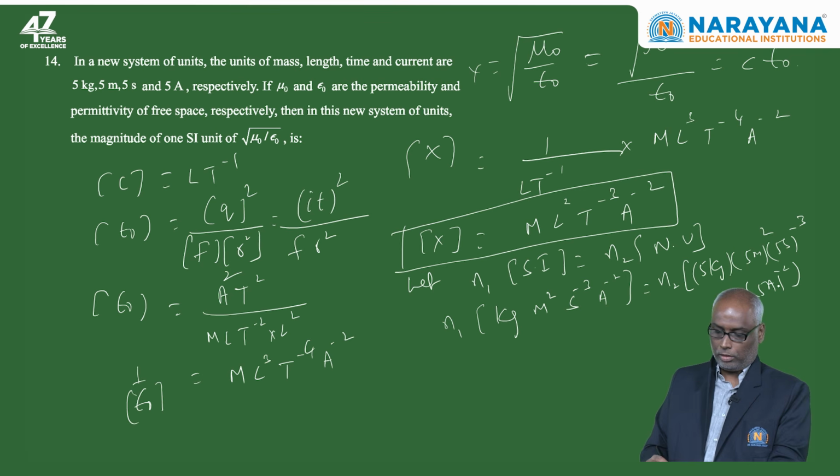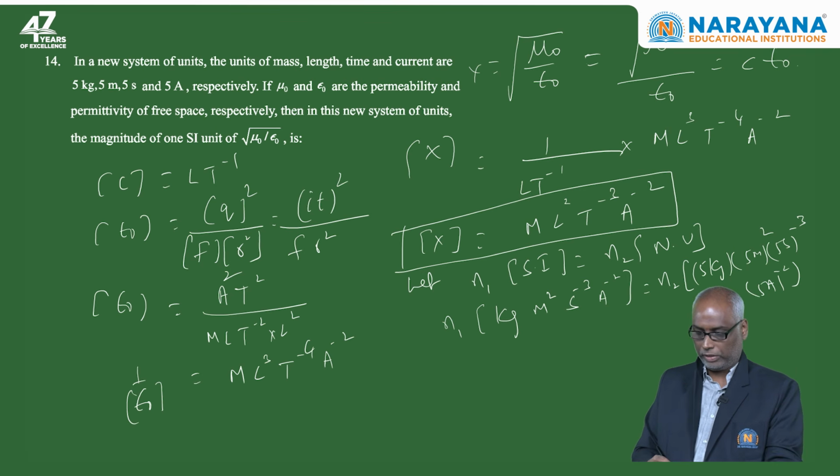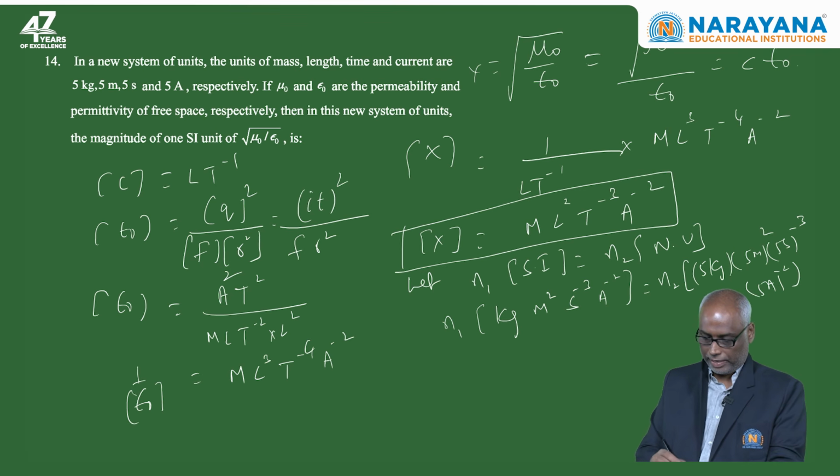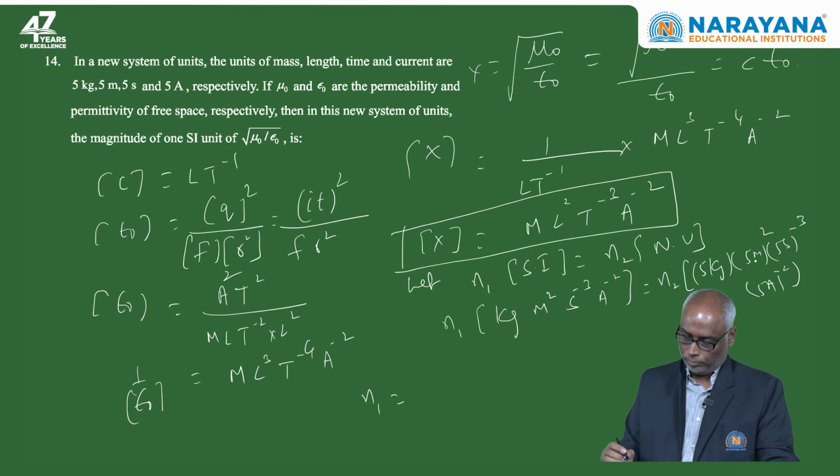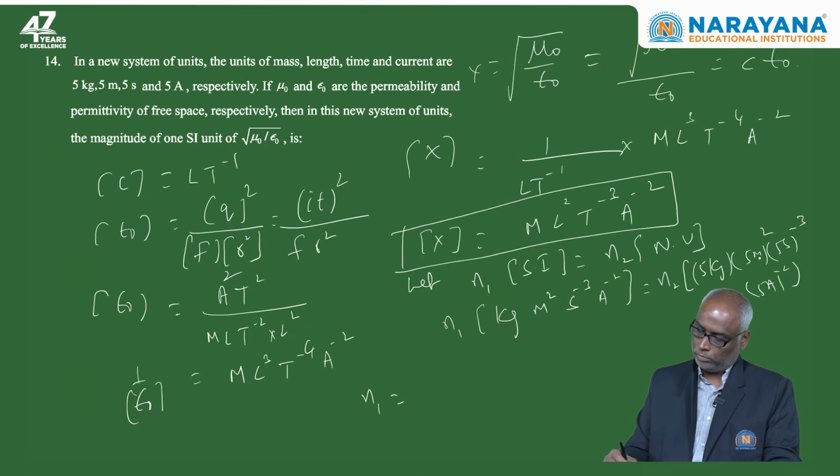Kg meter square second power minus 3 ampere power minus 2 will get cancelled. So, n1 becomes equal to, here we have 5 into 5 square, 5 power 3, 5 power minus 3 will get cancelled. You get n1 is equal to n2 divided by 25. So, n2 becomes 25 n1.